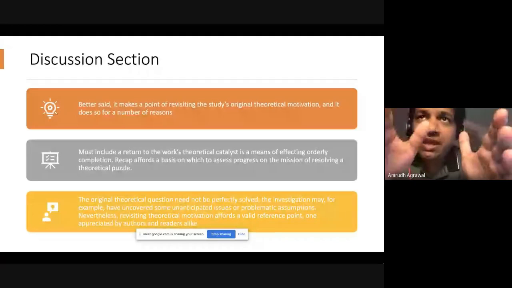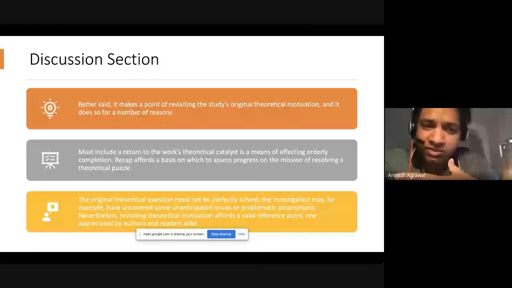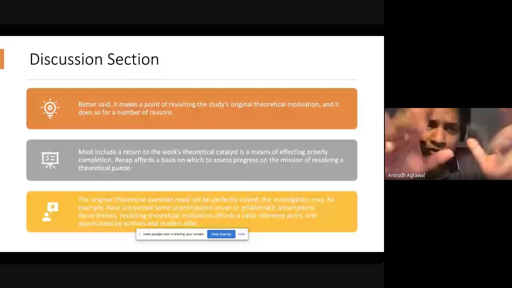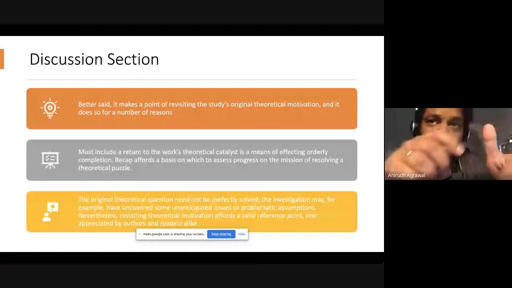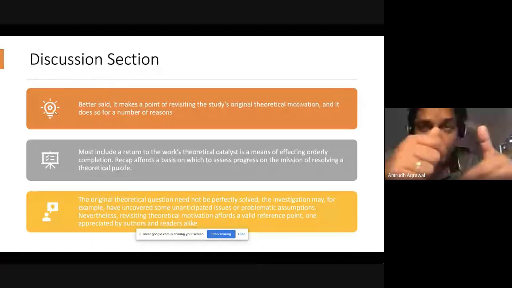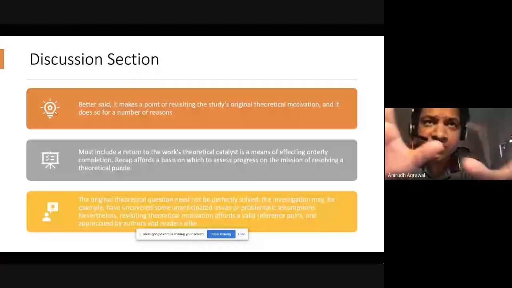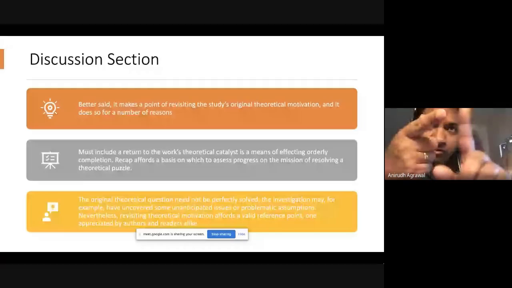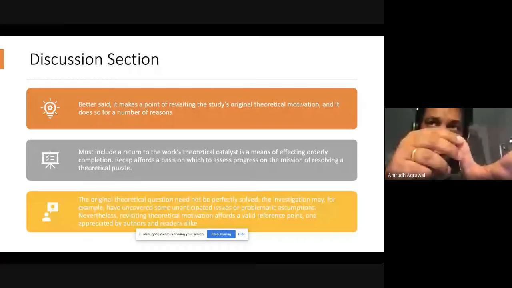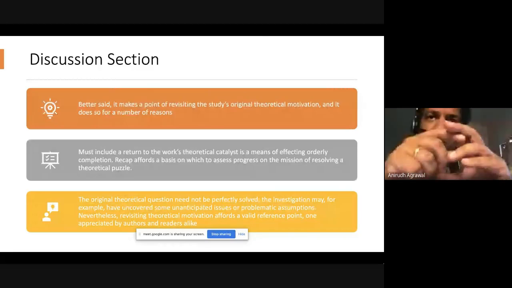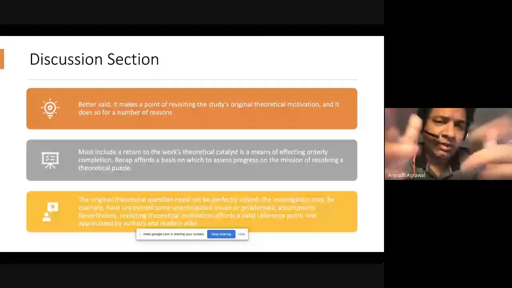Your theory may have certain limitations in certain phenomena. When you are in the discussion section, you can always challenge or have a discussion on the assumptions of the theory, on the rigidity of the theory, and on the application of the theory in a particular setting. If you discuss these three things, the assumption, the application, and the weakness of the theory, then your theoretical contribution would be visible.